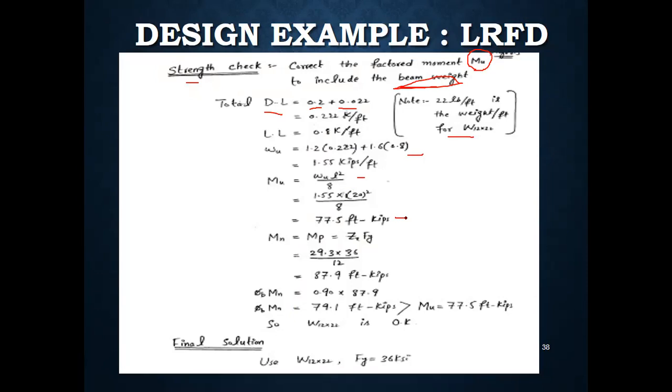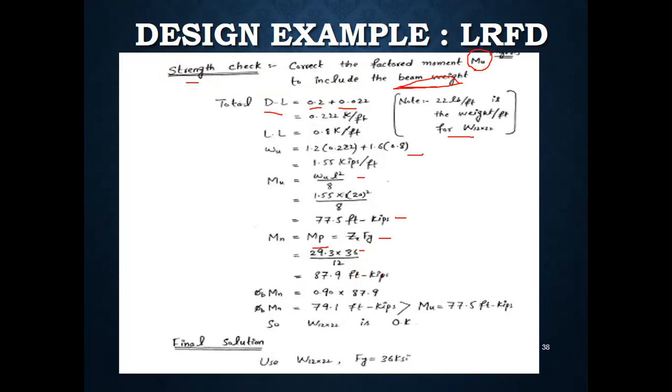Now, if we find the plastic moment, which is equal to Zx times Fy, Zx is the plastic modulus, and for section W12 by 22 its value is 29.3. It's multiplied with the yield stress of the A36 steel, which is 36 KSI, and we divide it by 12 to convert it into feet.